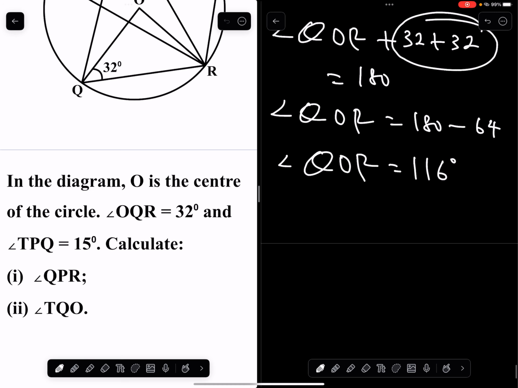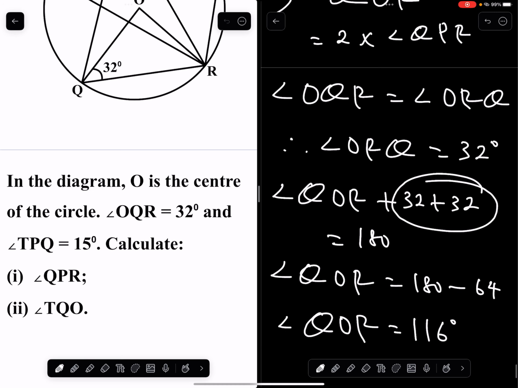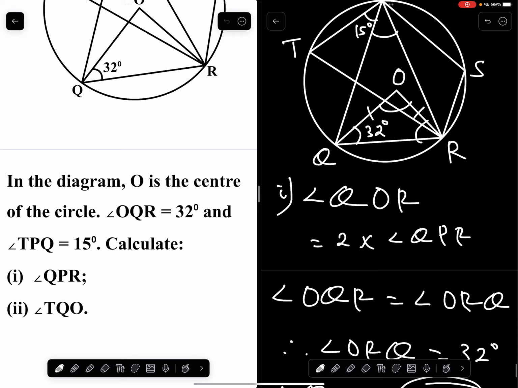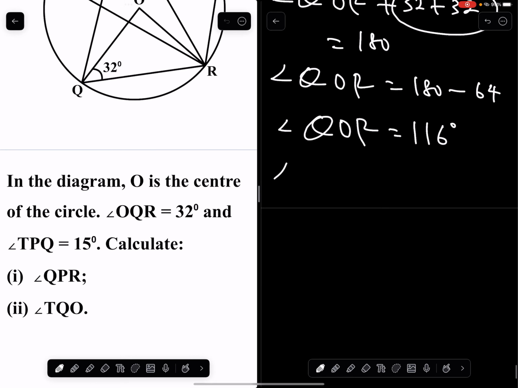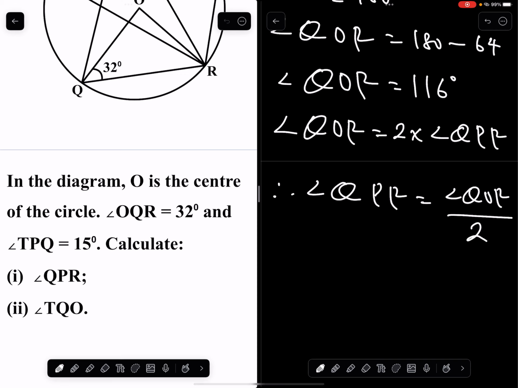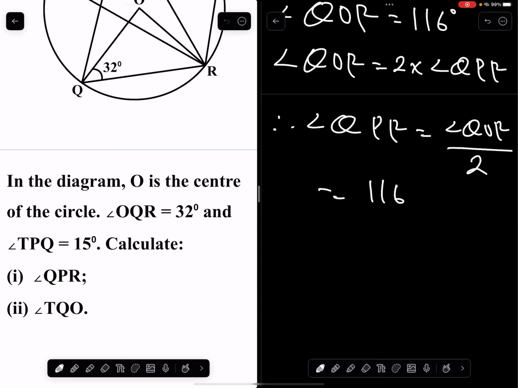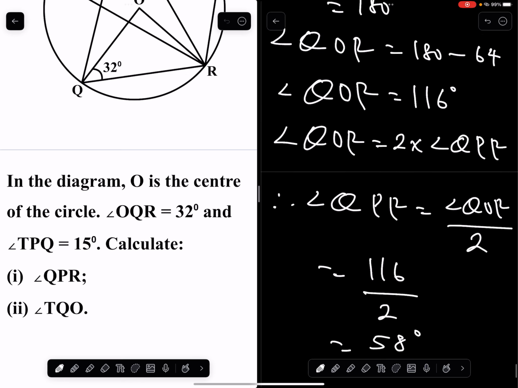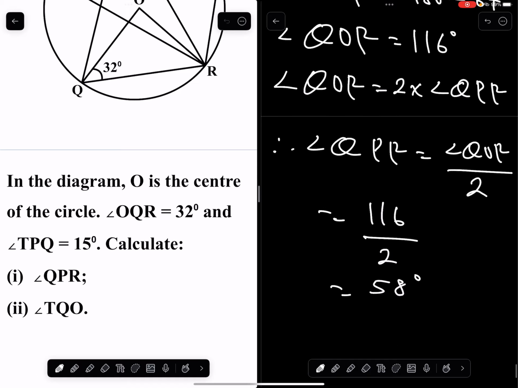We already said angle QOR is 2 times angle QPR, and that simply means angle QPR equals angle QOR divided by 2. That's 116 over 2, which is 58 degrees, and that's angle QPR.